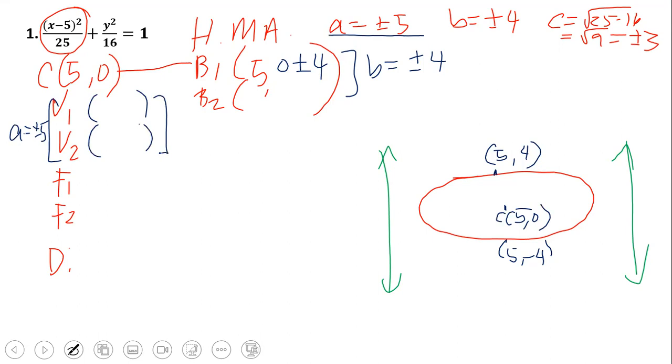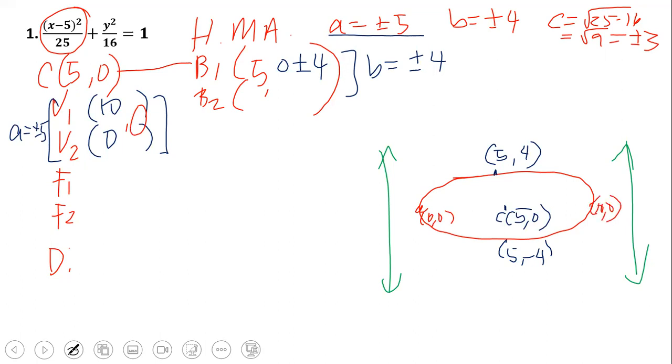So therefore, this will become 10. And 5 minus 5 is 0. So ang vertex natin is located here. So ito ay si 0, 0. Yung isang point naman is 10, 0.